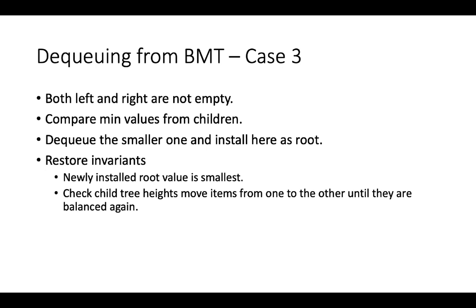Now, once we do that, that's great. That helps us restore the invariant about the smallest always having to be at the root. But now we are not quite sure about the heights of our children. If you think about it, before we started, they could have been off by at most 1.